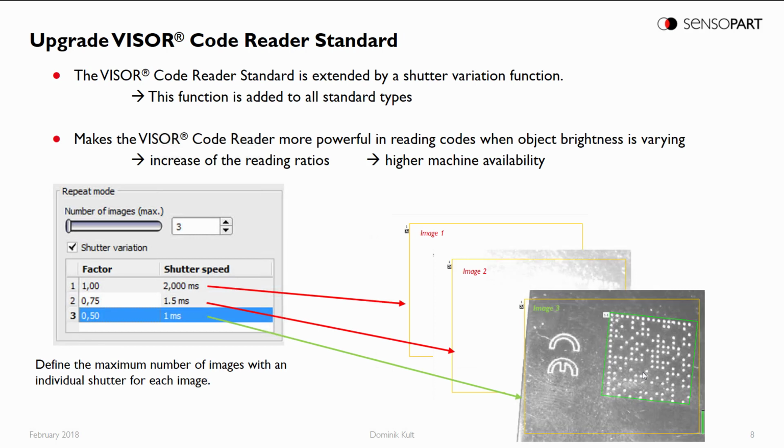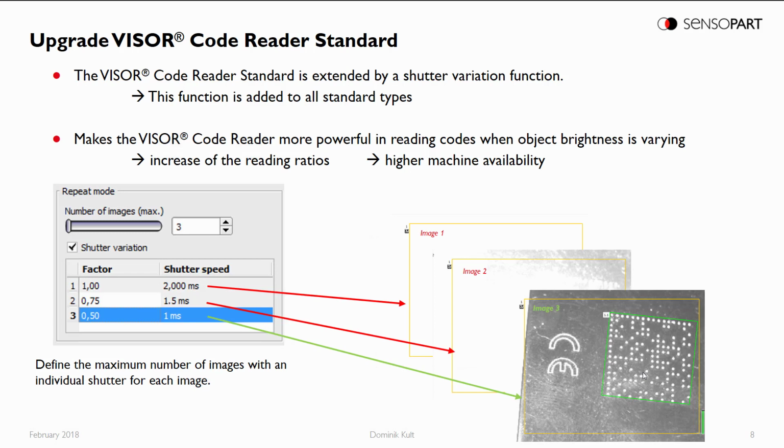The second upgrade for the VISOR code reader is for the standard device, for the standard type. The VISOR code reader standard is extended by a shutter variation function to make it easier for us, for you, and for the customer. We extend all standard devices with this feature.